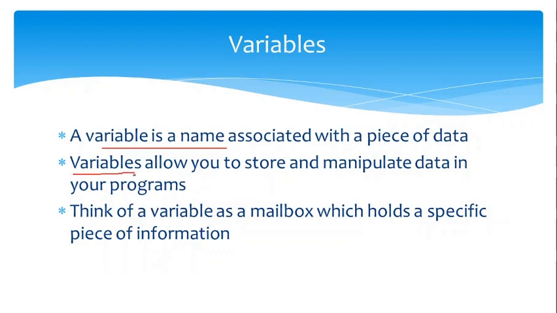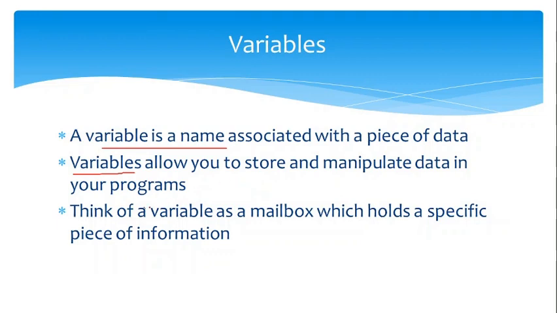The opposite of a variable is a constant. A constant will not change; whatever the value is, it stays the same. A variable, whenever you want to change, modify or manipulate, you can do so.